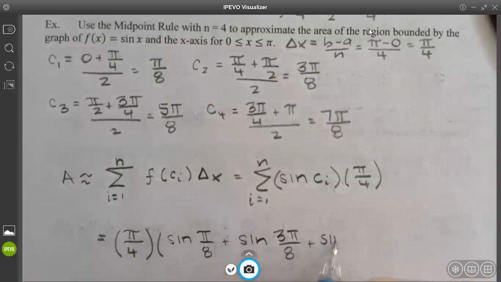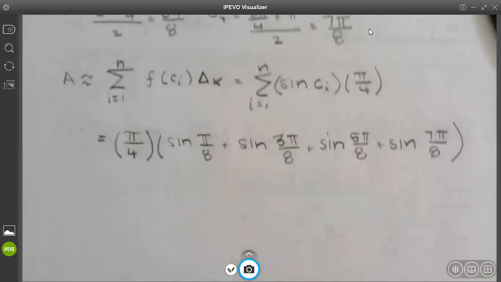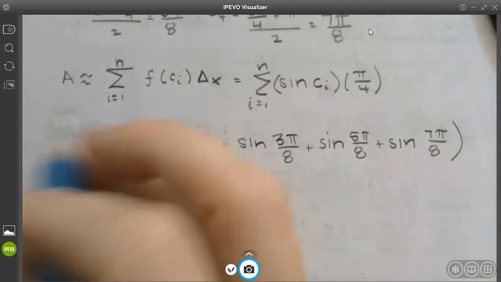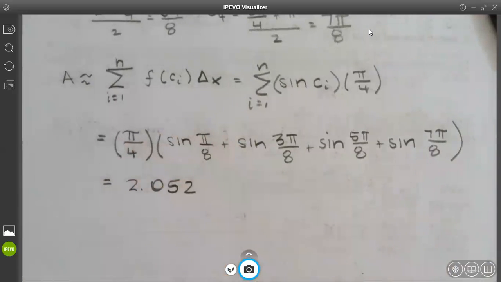Plus sine, what was your third midpoint? Plus sine, last one. They don't want it in terms of pi or anything like that. They just do decimals, which is perfectly fine. Literally type it straight into your calculator. And you get 2.052. If you need to type each one individually, it doesn't matter, whatever you want to do.